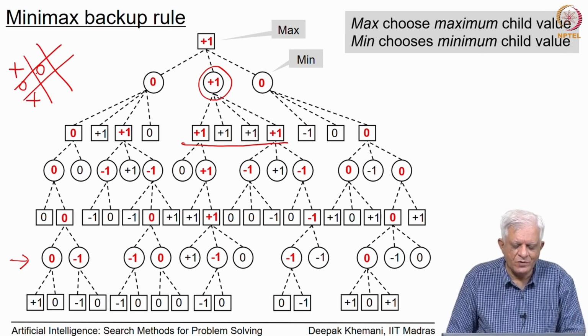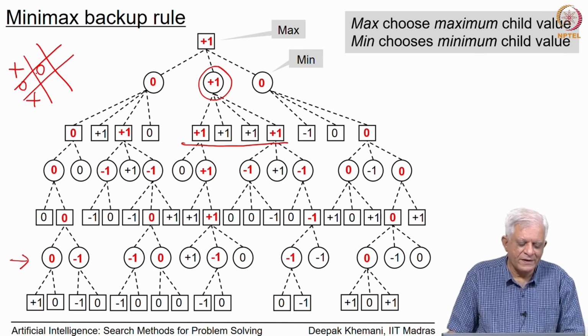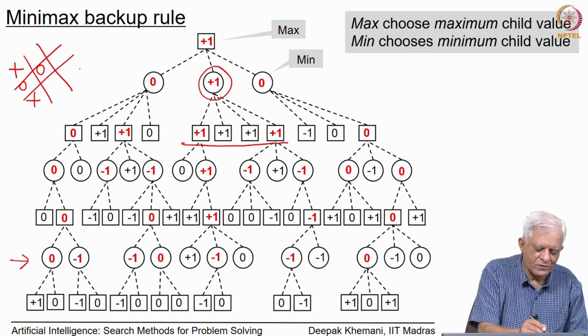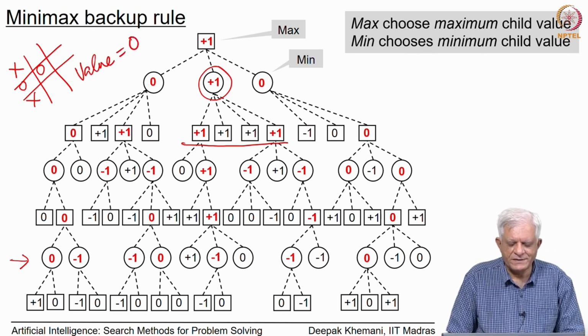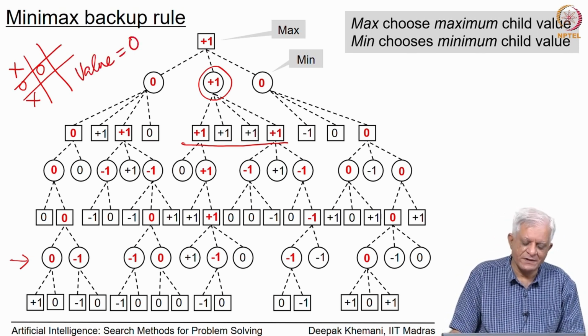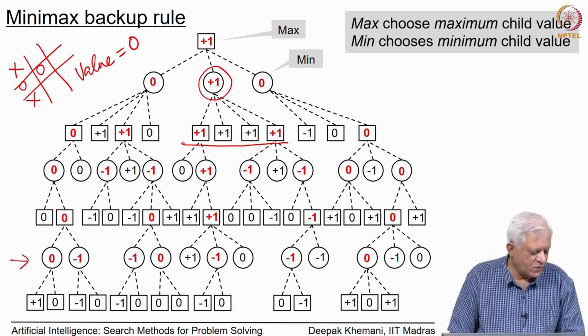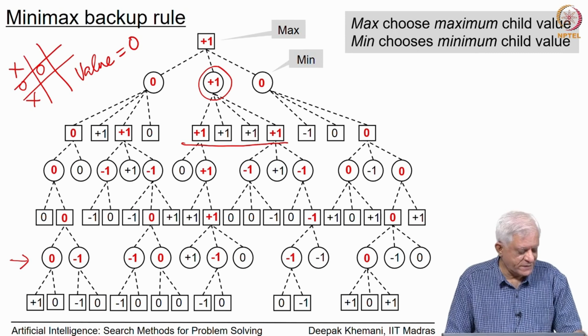Now, those of you who have had the chance of playing this game in your childhood, you would know that the value of this game is 0, which means that if both the players are playing perfectly, then the game will always end in a draw, which is why as you grow older you lose interest in the game, because you know that there is nothing much which can be done. But that is not the case for chess, as we will see.